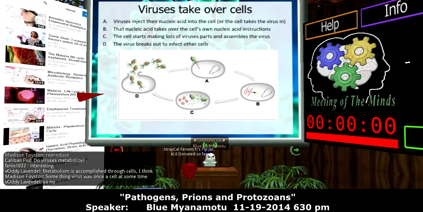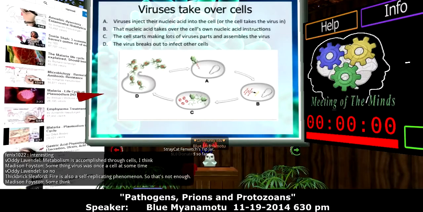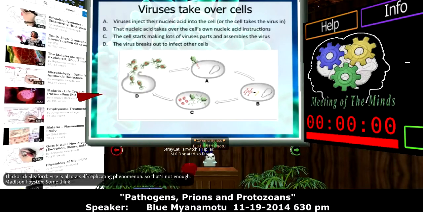They actually, Caliban, need to have a host in order to replicate. They have to have a living cell in order to replicate. Otherwise, they're actually just nothing. They're just this protein with DNA. Let's see, Vadi says metabolism is accomplished through cells. Exactly right.